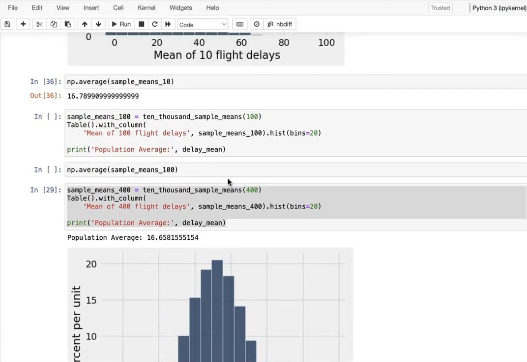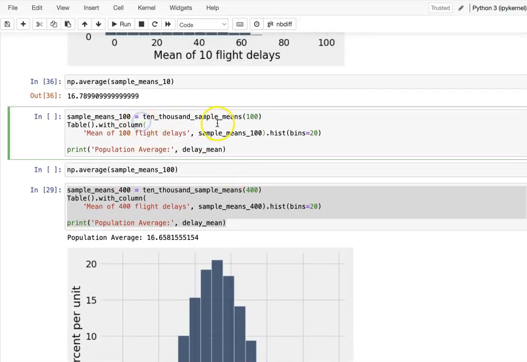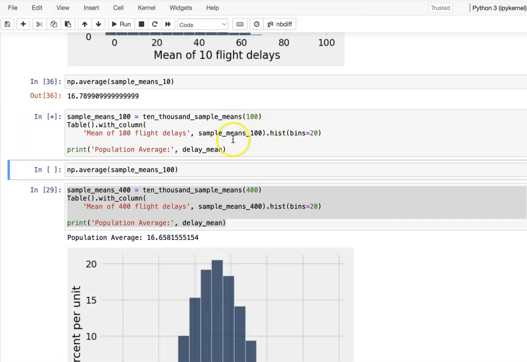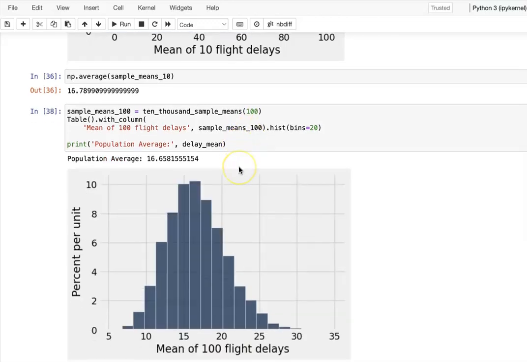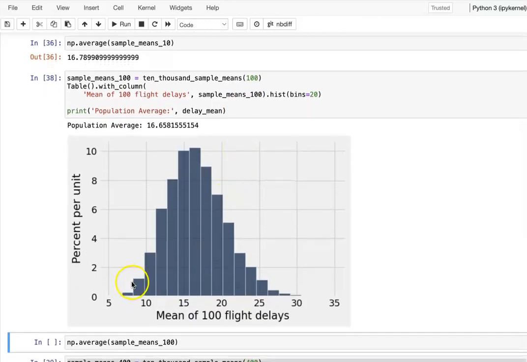The first one, we show you using a sample size of 100. Then we do the simulation 10,000 times. You can see here they have a bell shape. The interval is about 7 to 30.